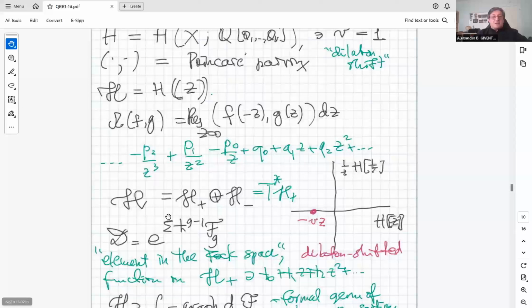So all these functions are naturally functions on H plus, and therefore you can think of the whole thing as a function on the symplectic space, constant along the subspaces parallel to H minus, the fibers of the cotangent bundle. And so in that sense, it's an element of the quantization space, an element of the corresponding Fock space.